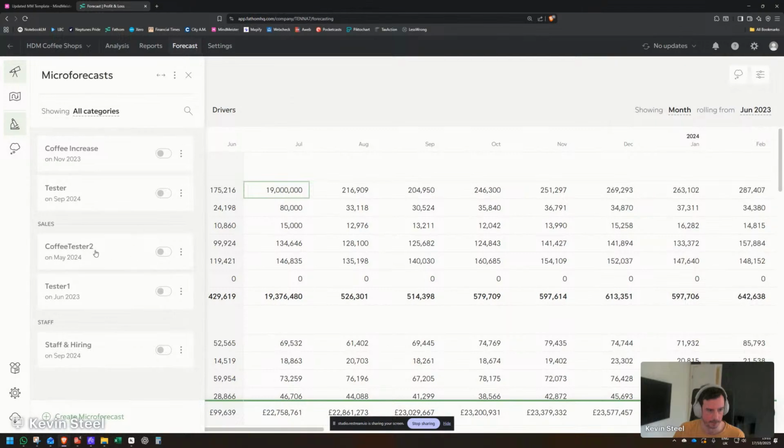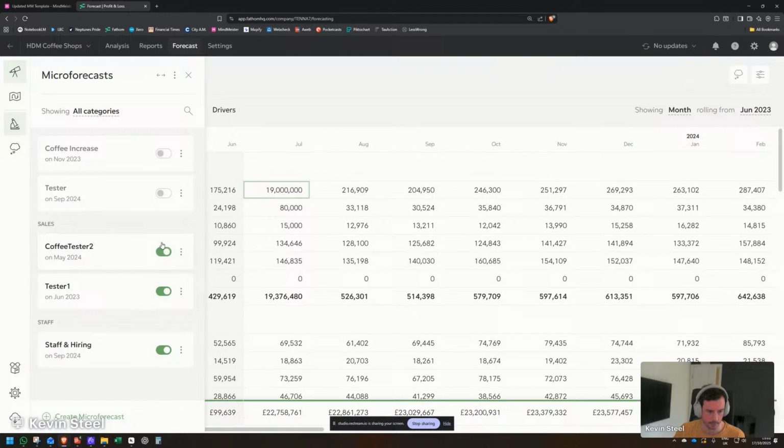We can also set up what's called in Fathom micro forecasts, which are what-if scenarios. So for example, if the company wanted to hire a member of staff, we could create a new micro forecast for staff and hiring. If we turn that on, there's no data on that one, but that would automatically update our baseline forecast for P&L, balance sheet, and cash flow.